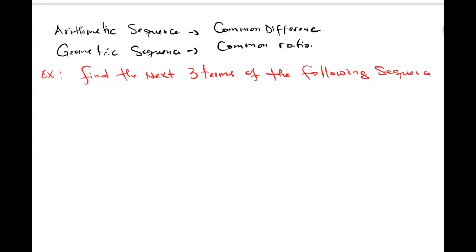Okay, A, we got 3, 6, 9, 12. B, we got 100, 95, 90, 85.